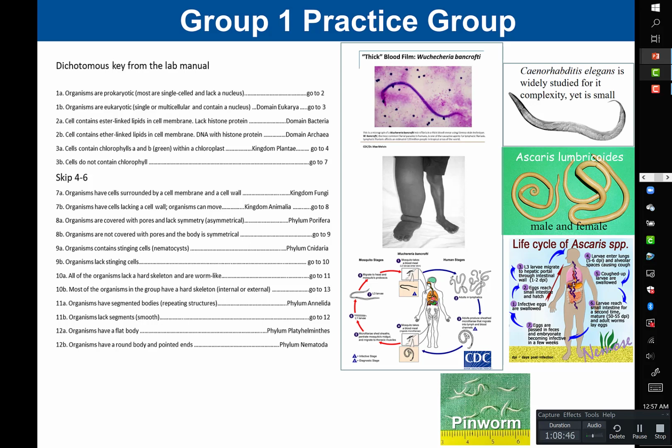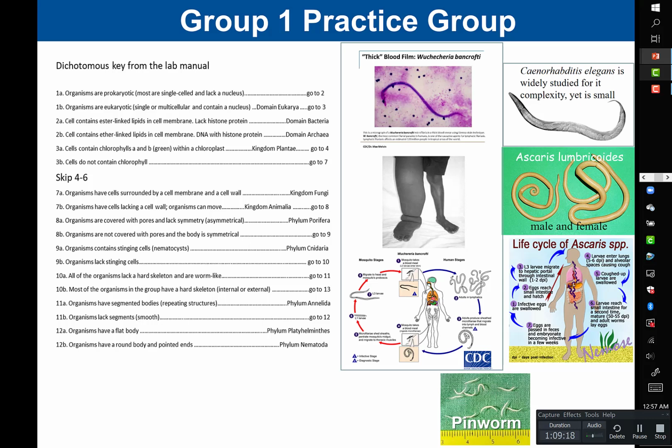If that feces is used as fertilizer on crops like fruits or vegetables, and that fruit is not washed well or it's not cooked, and you ingest that vegetable or fruit that's contaminated with the eggs, now you're going to end up eventually with these worms in your intestines.